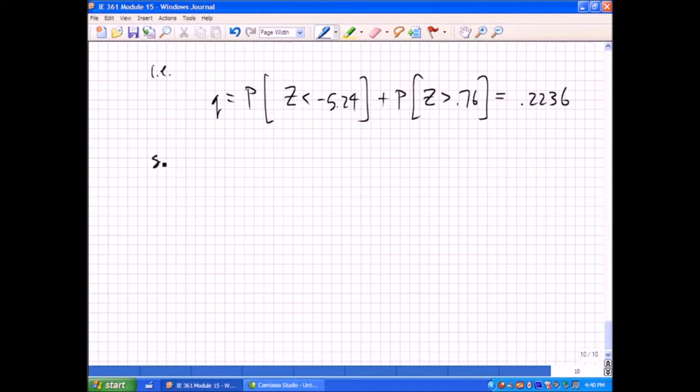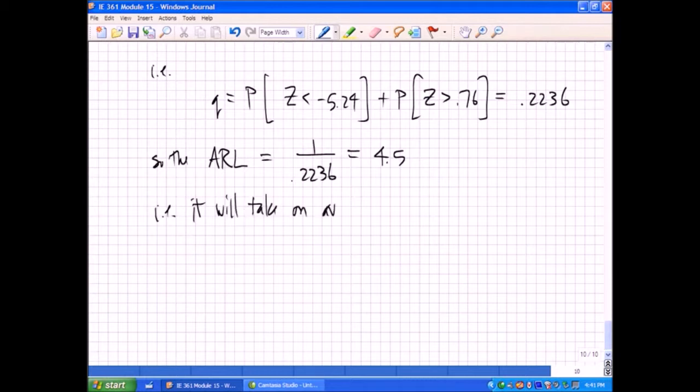And now the average run length is the reciprocal of that, and that is on the order of 4.5.